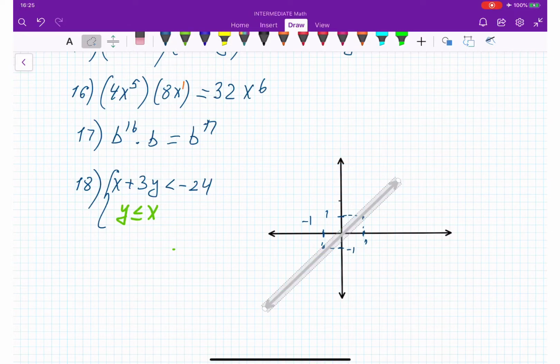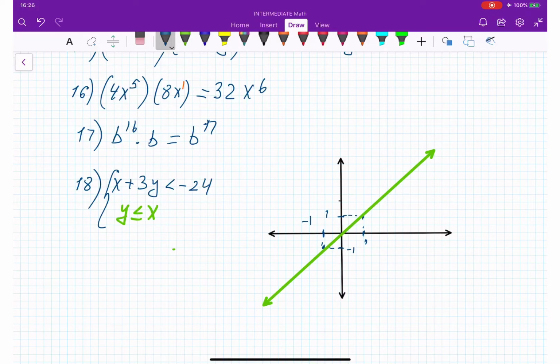Okay. All right. So this is y is equal to x. Now, because we have an equal sign, it's going to be a solid line. The other one, we don't have the equal sign, that means it's going to be dashes.